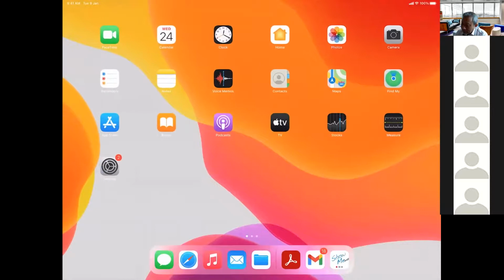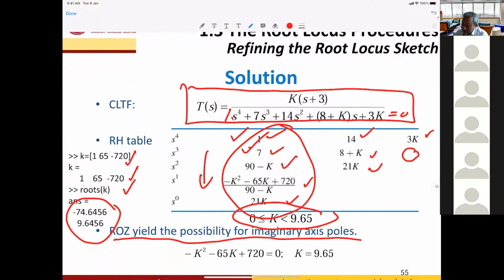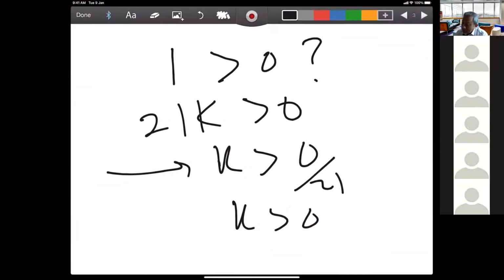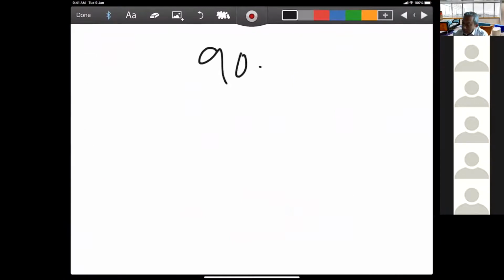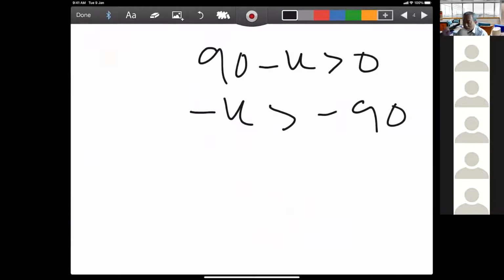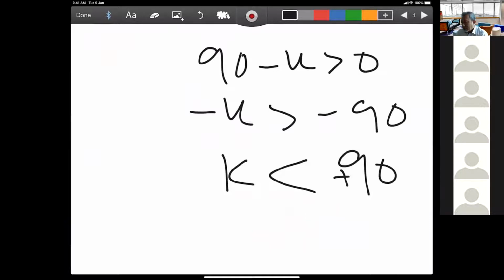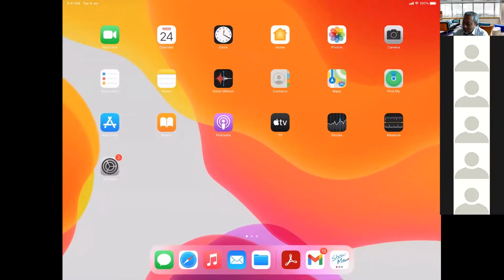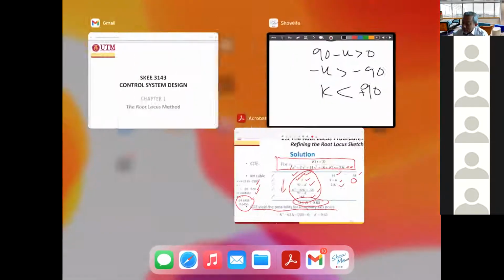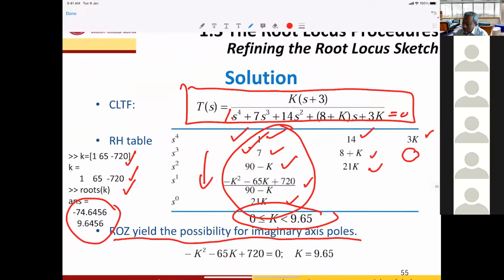Minus K greater than minus 90. Then I use magic, change sign. Am I right? Yes, understand, it is basic mathematics. Right. So the range will be 0.